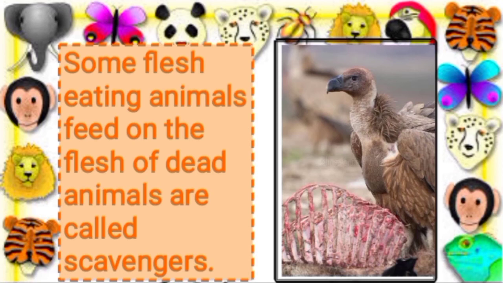Imagine a pride of lions eat their prey and move on, and after some time some jackals or vultures come in and finish off whatever the lion left behind. So those would be scavenger animals.